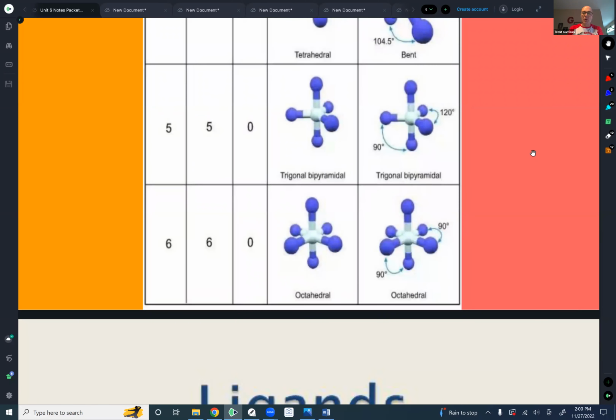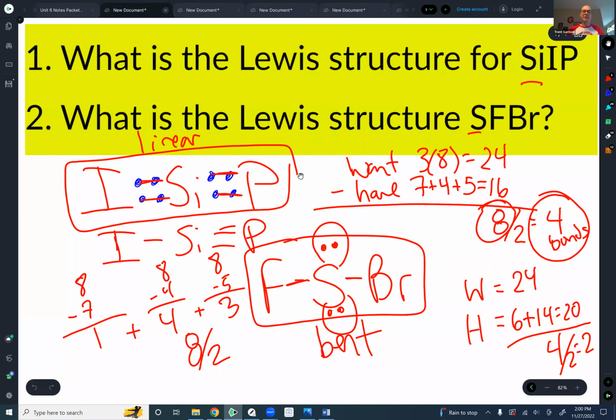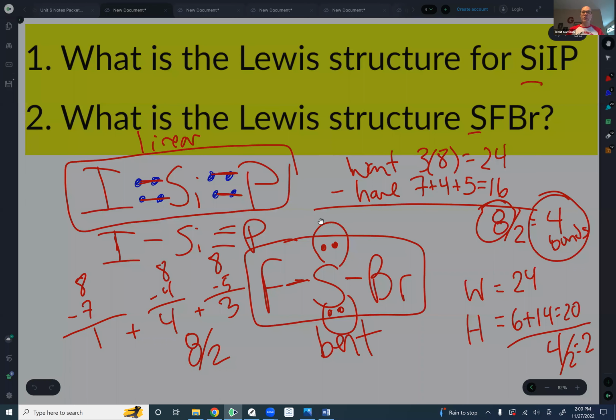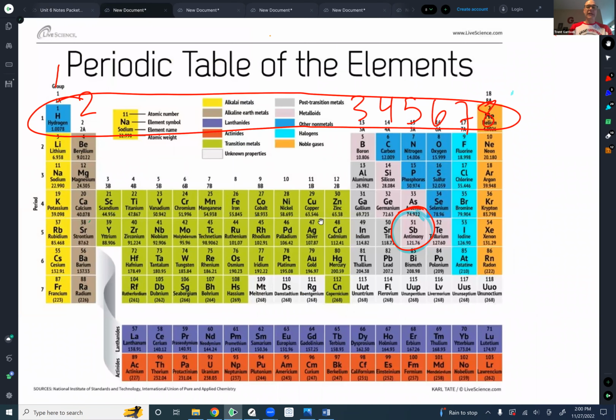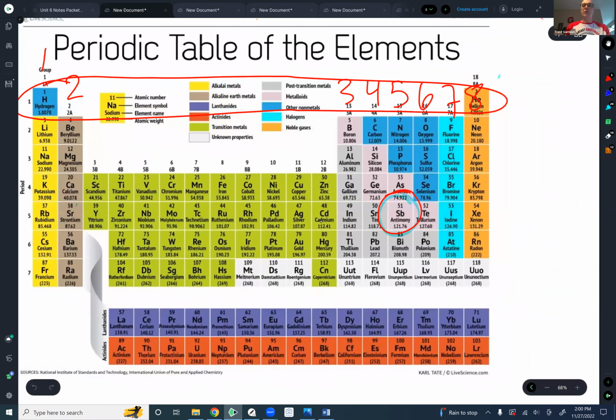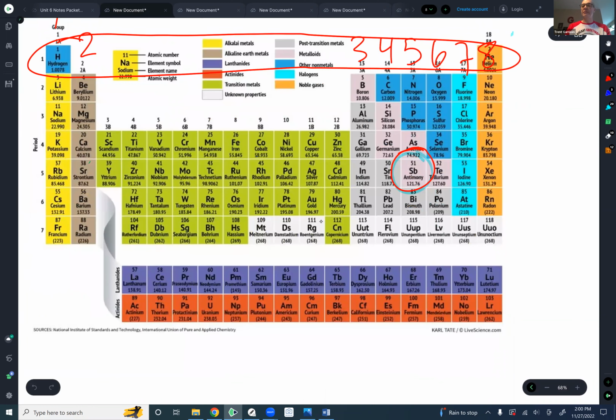Now, these occur only in the elements that have D sublevels. So you will not see an expanded octet with any of the elements that are in the upper energy level. So if we were to look at our periodic table here, let me discard this. That's an old warm-up for us. If we were to look at any of the elements in groups 1, 2, 3, 4, 5, let me erase all of this.